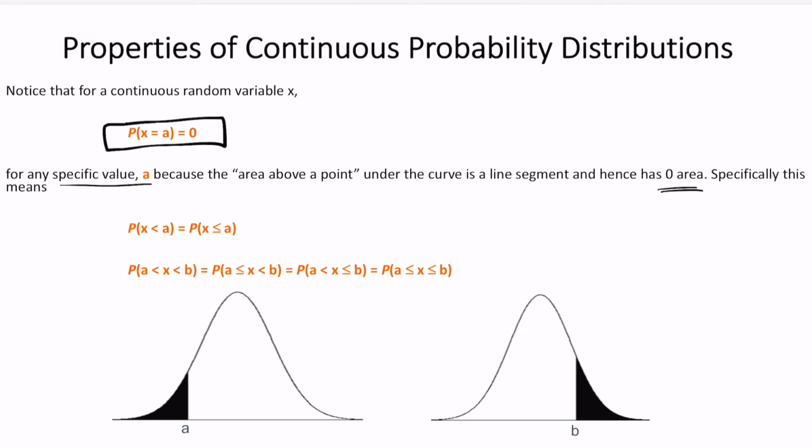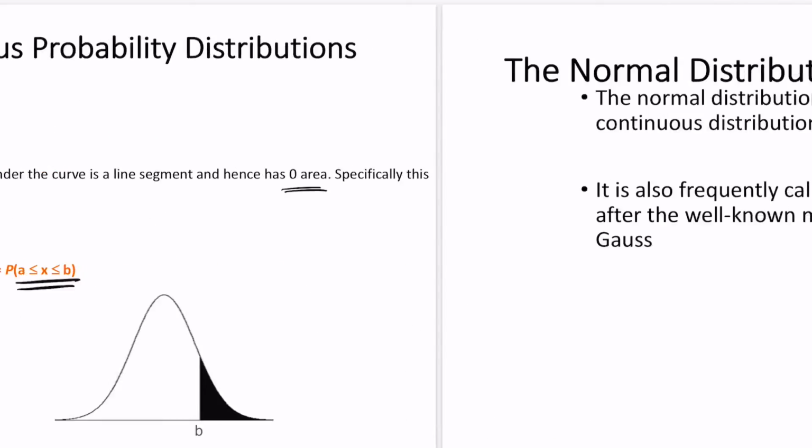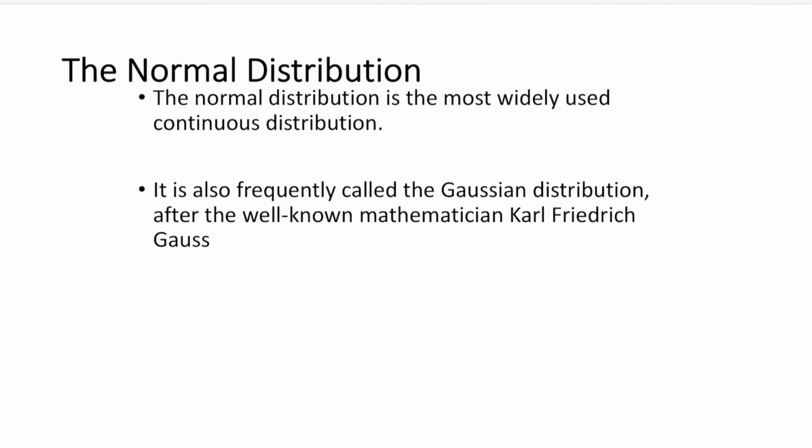The most common way is to use less than, but remember that P(x = A) is 0, so P(x < A) is the same as P(x ≤ A). In the same way, P(A < x < B) is the same as P(A ≤ x < B), P(A < x ≤ B), and all these versions. Because at a specific value there is no probability, you can write it in different formats.